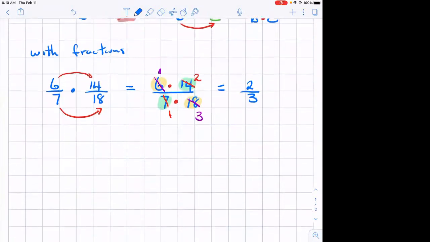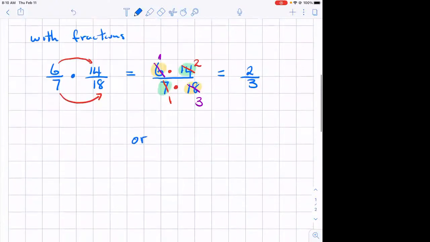In addition, what some of you had learned was to cross reduce. What do I mean by that?